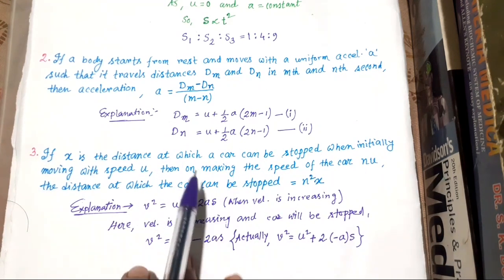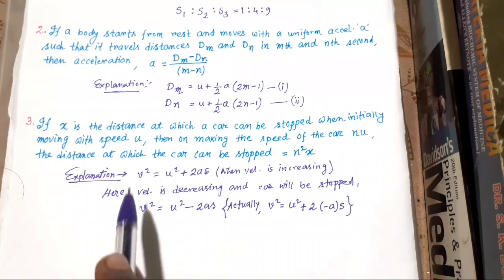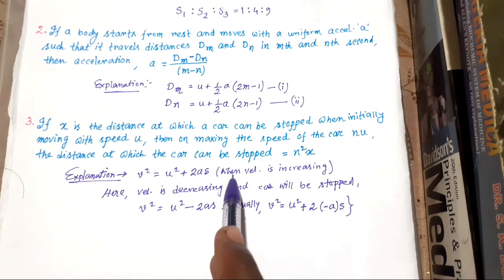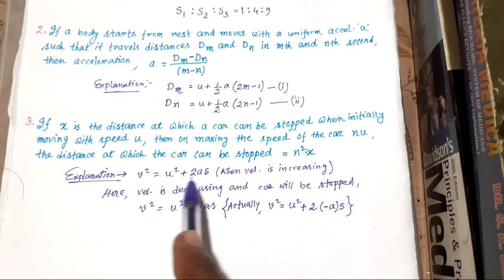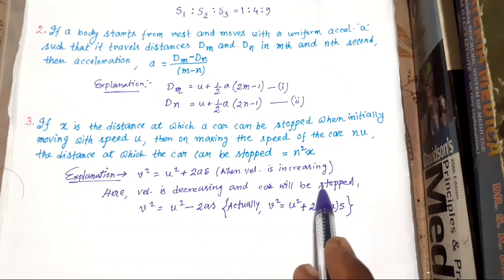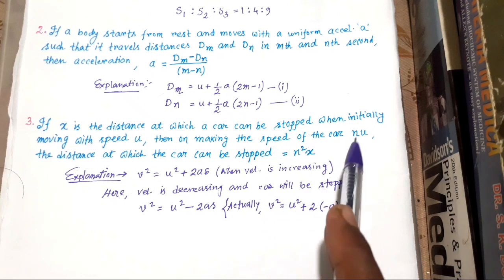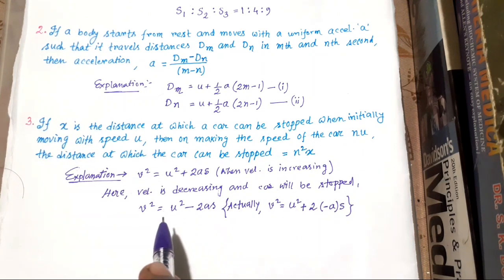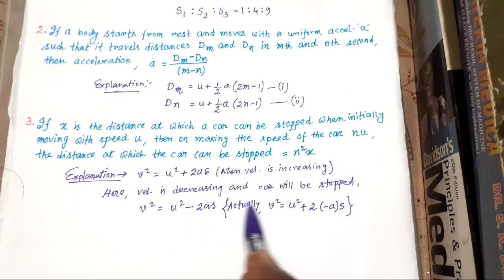Now the explanation. We all know this formula, v² = u² + 2as, when velocity is increasing, that is acceleration. When velocity is decreasing and the car will be stopped, the velocity will be decreasing, so here we apply v² = u² − 2as.